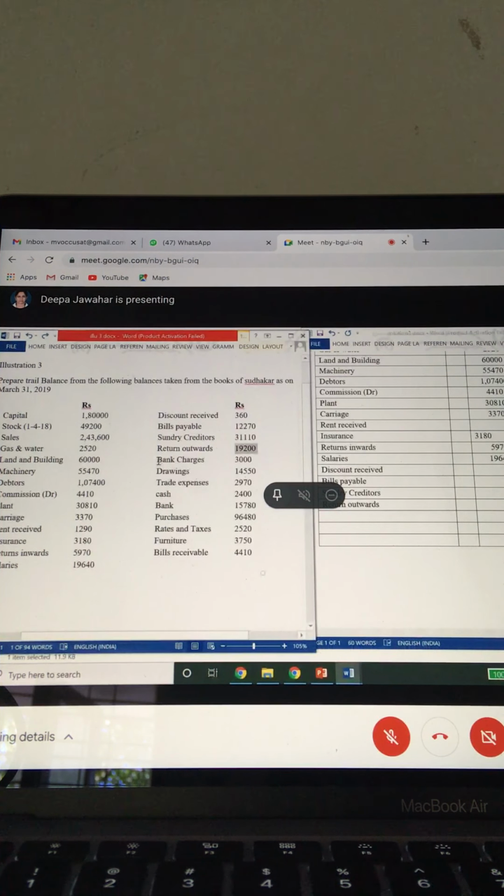Bank charges. Expense അല്ലേ? Bank charges, it's an expense, isn't it? അപ്പം debit. Drawings. Again debit. ഞാൻ പറഞ്ഞത് ഡിസ്കസ് ചെയ്താണ് ഡ്രോയിങ് സിസ്റ്റേക്ക്.